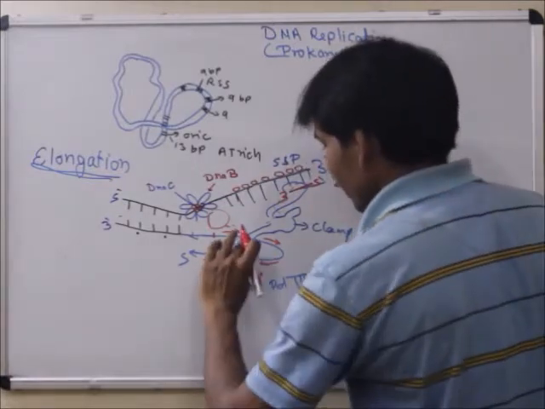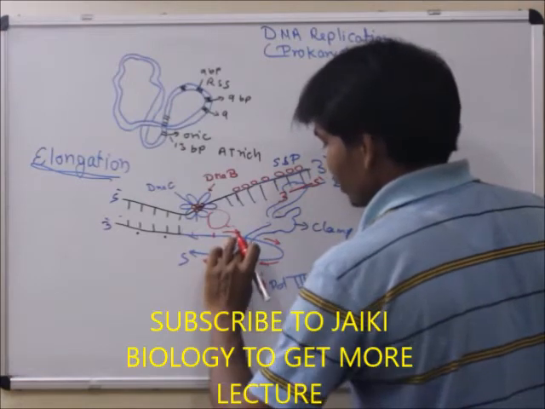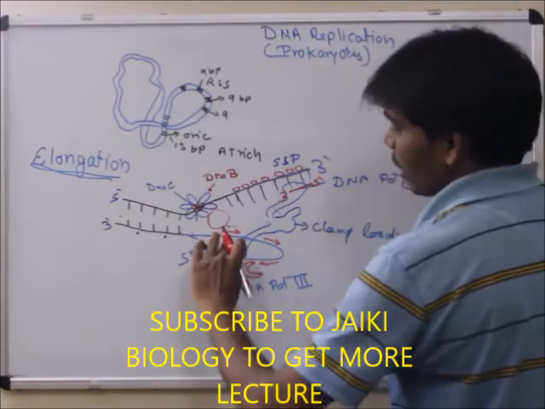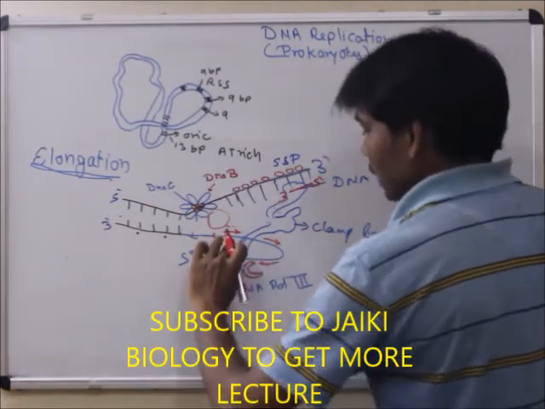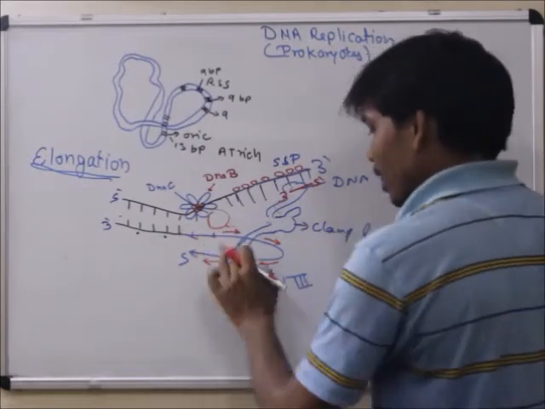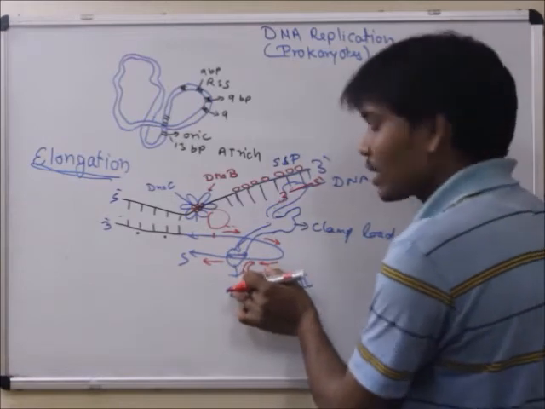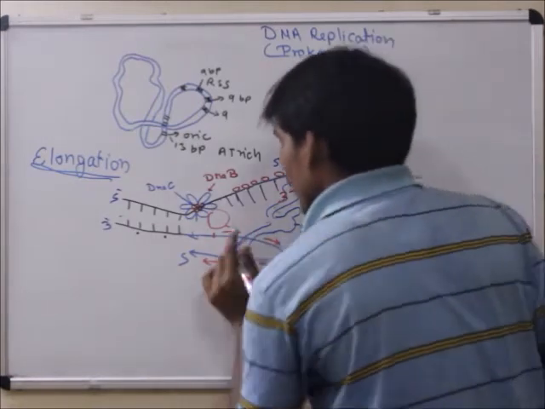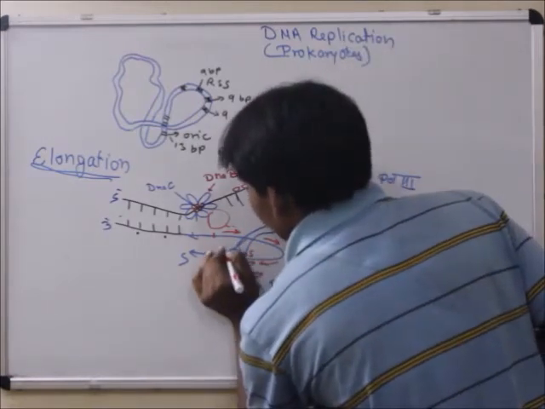When the clamps become attached with the primers, then the subunit, or arm, of the DNA polymerase recognizes the clamps and synthesizes in the 5 to 3 direction. This is the 5 and this is the 3.